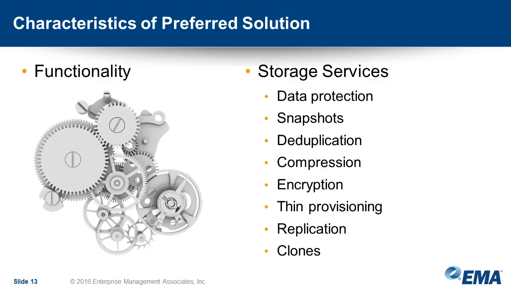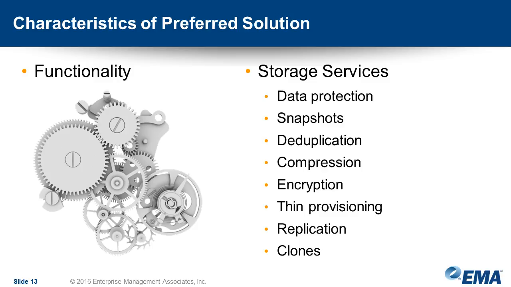Deduplication and compression are data reduction technologies that provide greater cost of ownership. Encryption, you take a look now, it's not only a corporate objective and requirement, but encryption's also, for many reasons, required from a regulatory standpoint, especially for use cases such as healthcare or financial services.